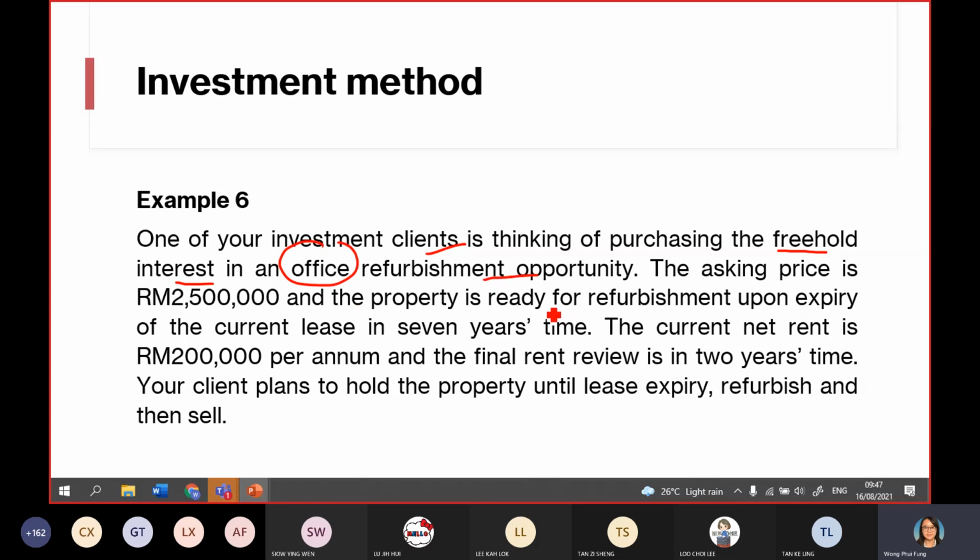So your client wants to take over an old office, then he wants to do refurbishment later. So when you want to take over the office, the owner says, you want to take over? Okay, okay. The asking price is 2.5 million. Okay, and the property is ready for refurbishment upon expiry of the current lease in 7 years' time.